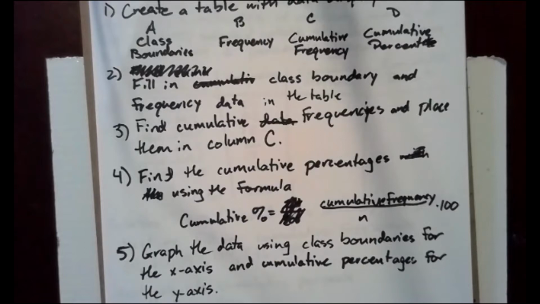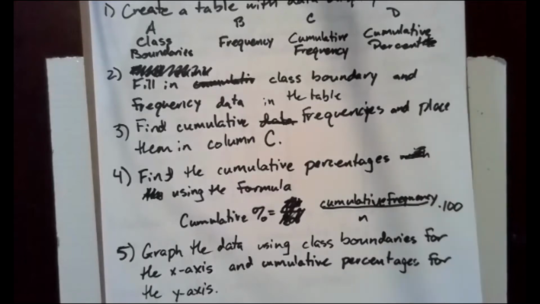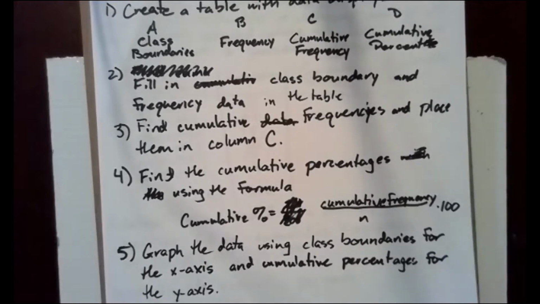Then find cumulative frequencies and place them in column C. Find the cumulative percentages using the formula: cumulative percent equals cumulative frequency divided by n times 100. Then graph the data using class boundaries for the x-axis and cumulative percentages for the y-axis.